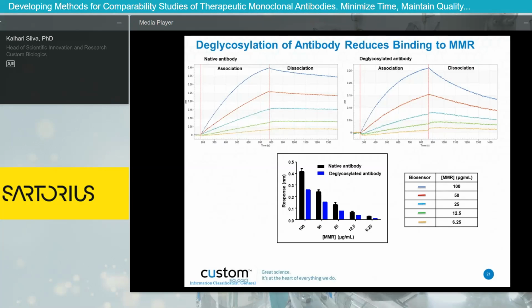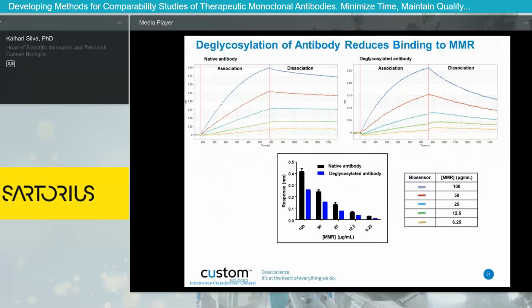So you can see here that for the deglycosylated antibody, when the same concentrations of the MMR are used, in other words, the loading happened here with the native antibody, and here on the right-hand side, the loading happened with the deglycosylated antibody, and they were dipped into the same MMR preparations.